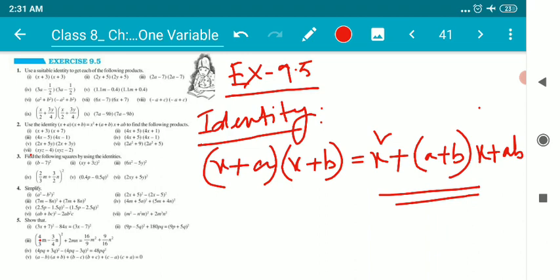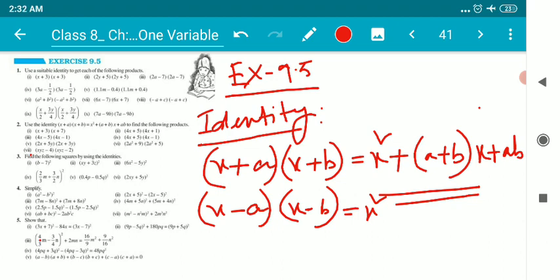Another identity I can give you is x minus a into x minus b. So children, this identity is x squared minus, in bracket, b plus a, multiplied by x, plus ab.